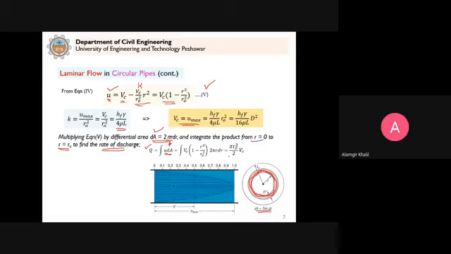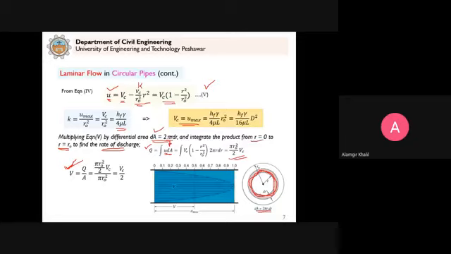It is an easy integral. When you evaluate, what you will get is that the total discharge is pi r naught square by 2 into Vc.